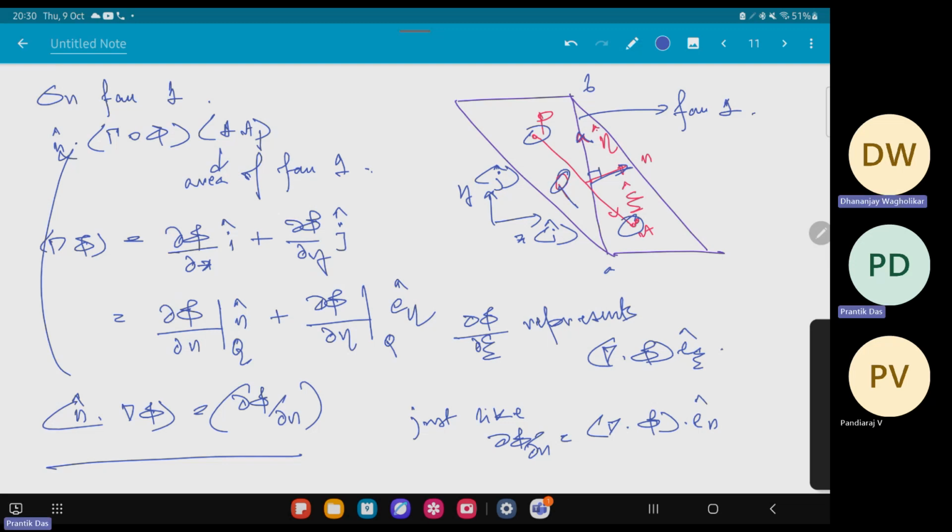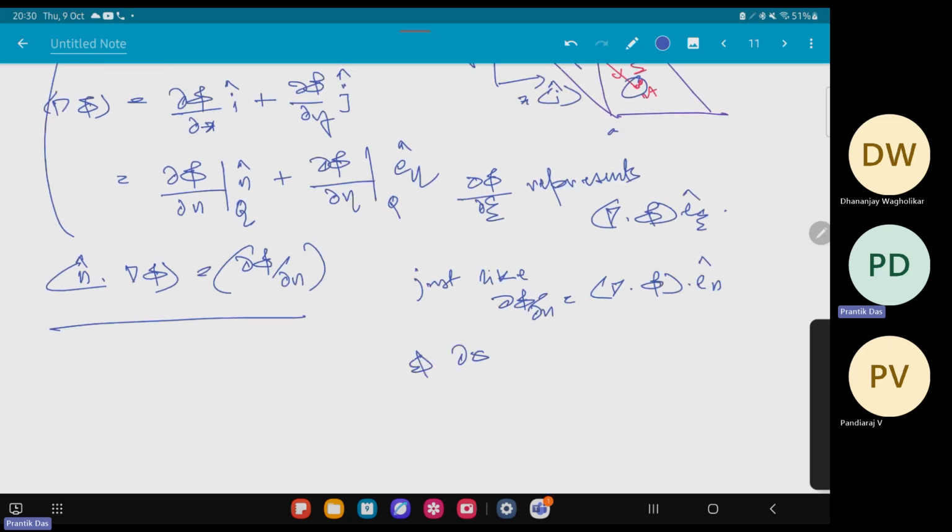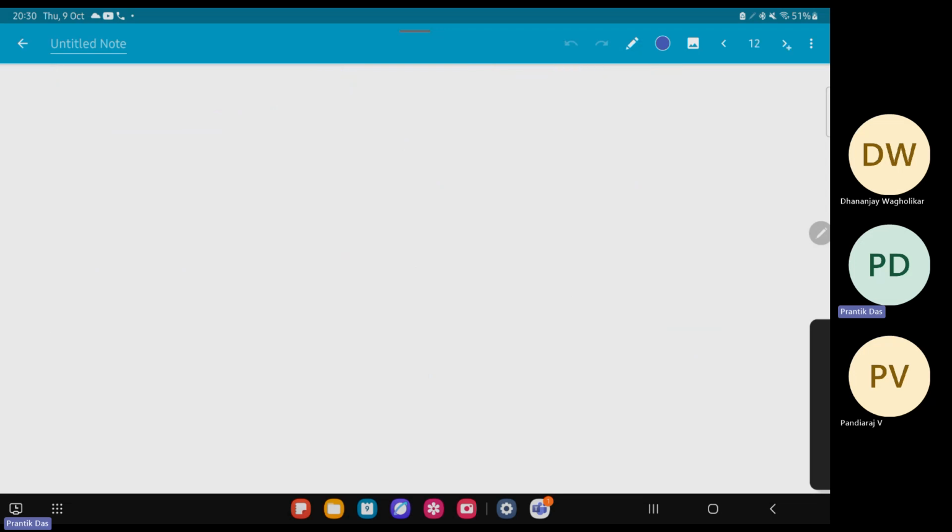And d phi d eta equals del phi dot e eta cap. Okay. So now, along PA, different derivative terms can be related as follows.